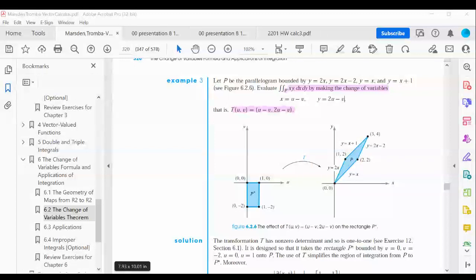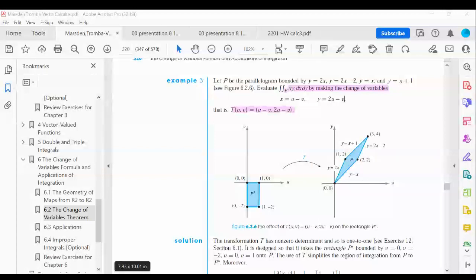Well, if you set up integration, you have a lower limit and an upper limit. Which one is easier? P star, because P is vertical and P star is horizontal. Right. So for P star, u goes from 0 to 1 and v goes from -2 to 0.